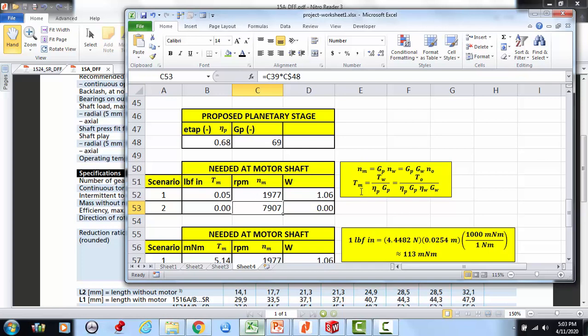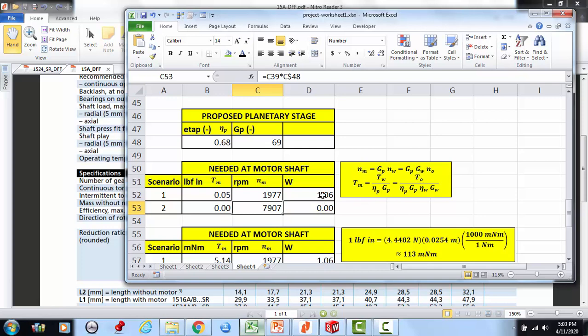And then the torque of the motor is going to be a similar thing to what we did before. We're going to take the torque of the worm and divide by the efficiency of the planetary and the gear ratio. That's the same thing as stacking it up like this, where you're dividing by the two efficiencies and the two gear ratios, and dividing that into that original 32 inch pound that we had before.